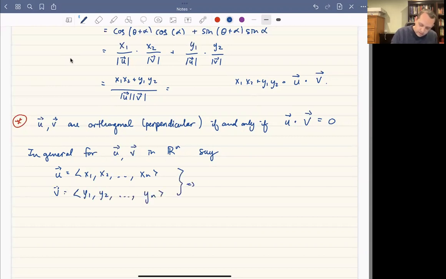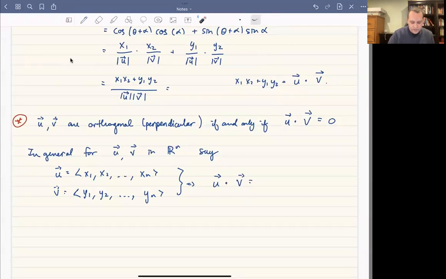Then u dotted with v, so the dot product of u and v, what you do is you take the product of the corresponding entries and then you add them all up. So you get x1 times y1 plus x2 times y2 all the way up to xn times yn. Okay, and so that's what the dot product is.